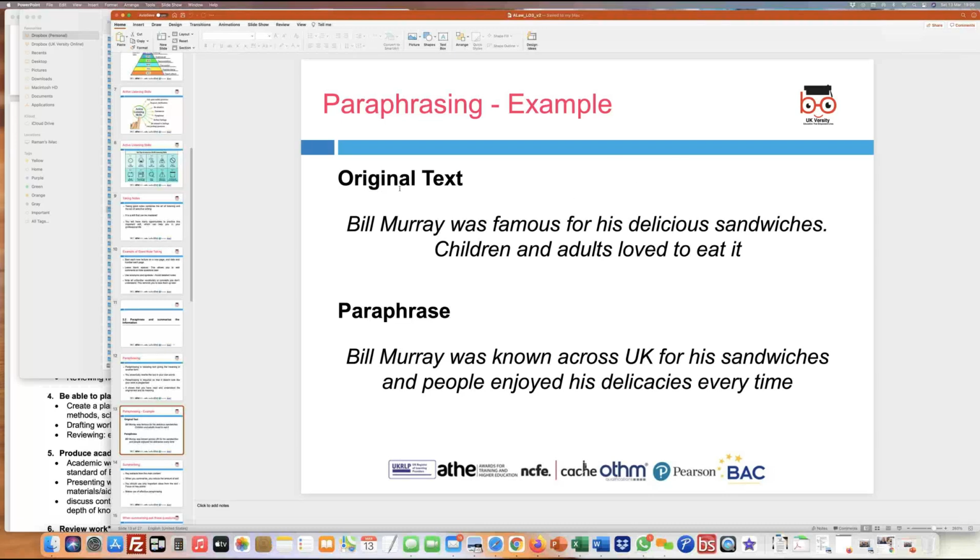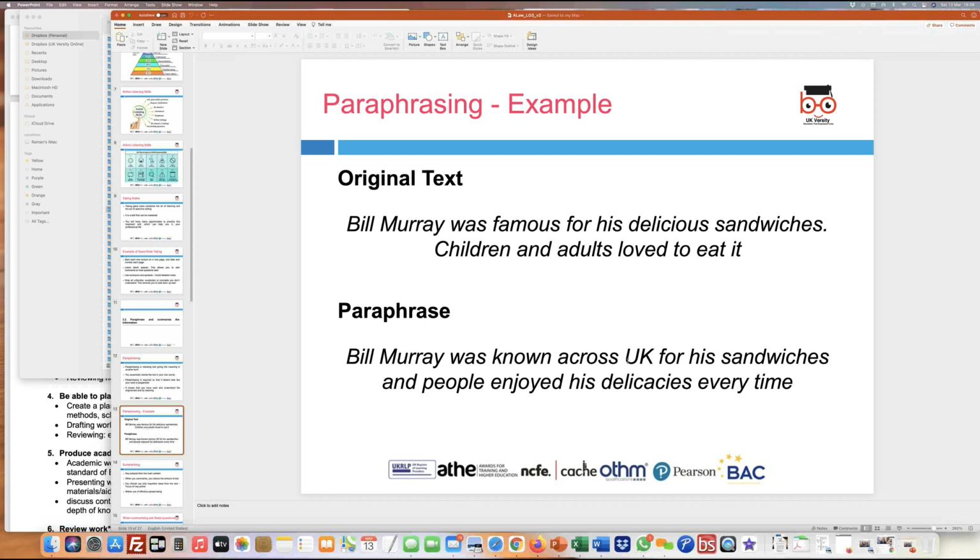Now, a simple example of this would be if you read the original text and then you write the text in your own words. The original text here was, Bill Murray was famous for his delicious sandwiches. Children and adults love to eat it. If you have to write this in your own words, without changing the core meaning of the original text, the process through which you do it without altering the meaning of the text, phrase, or paragraph is called paraphrasing.